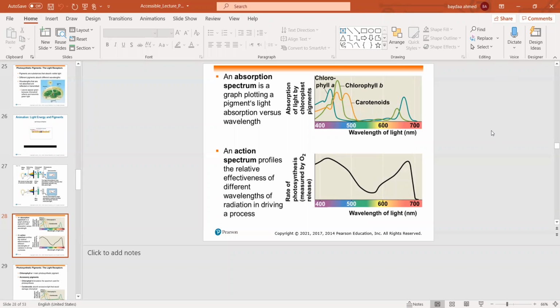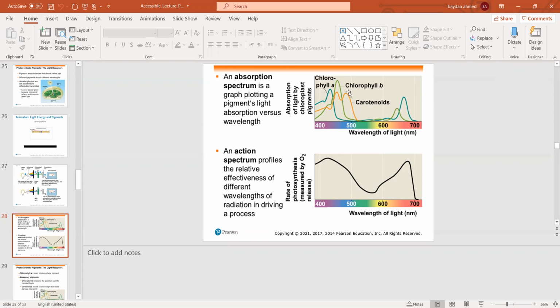The absorption spectra of chloroplast pigments provide clues to the relative effectiveness of different wavelengths for driving photosynthesis, since light can perform work in the chloroplast only if it is absorbed. Here we show the absorption spectra of three types of pigments.